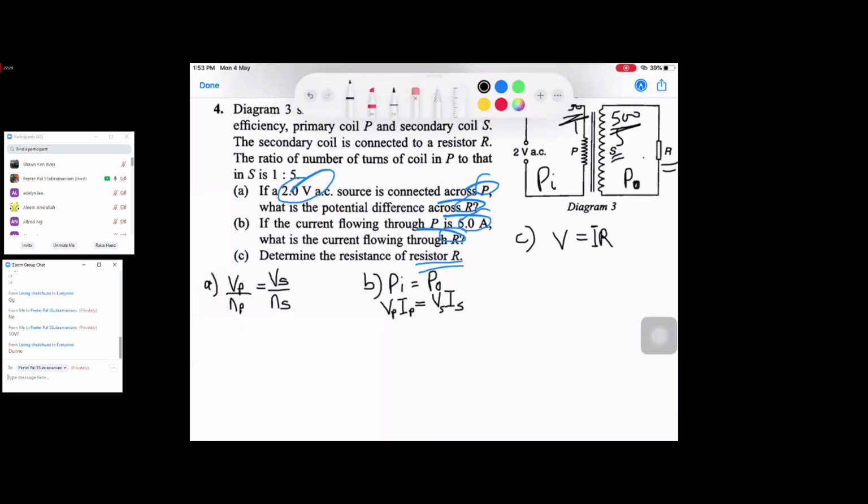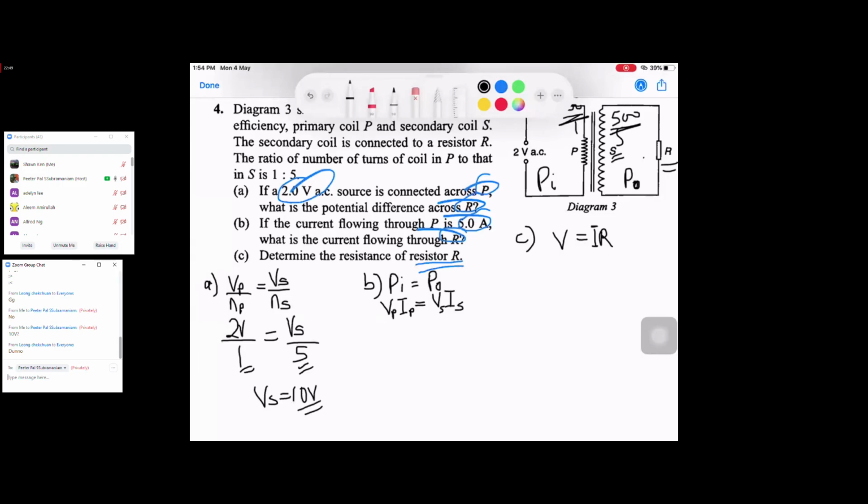You see here, primary voltage 2 volt, number of turns we don't know. We can take 1 or 100, it's up to us. Secondary voltage we do not know. The ratio is 5. Here 1, here 5. So secondary voltage is automatically 10 volts. If you want to take the ratio 100 to 500, also can.